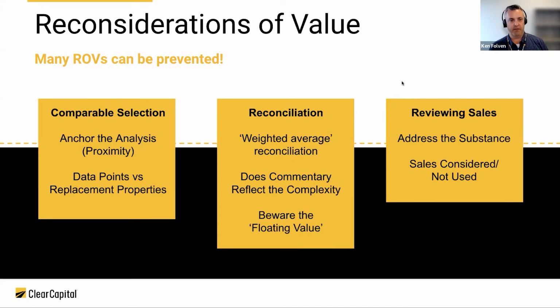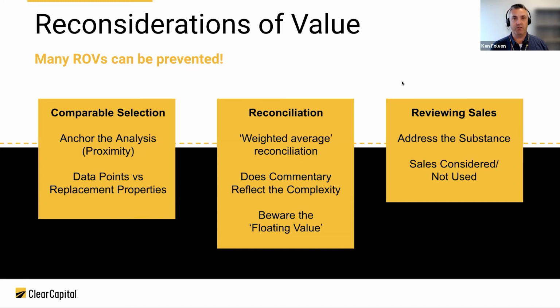I would say, in my experience, that reconciliation piece is a big one, talking about why you use the sales that you used. That helps the reader of the report understand why you've selected sales with certain dominant features that are similar to the subject. By providing the why on why you selected those sales and why you're weighting certain sales, you can proactively answer questions from the lender around some potential other sales.